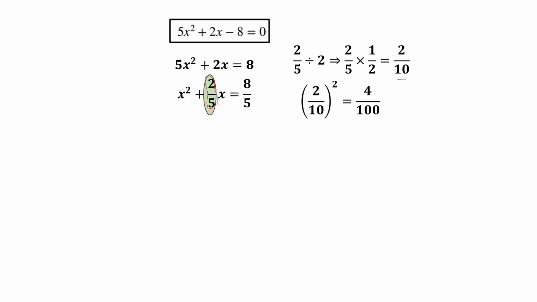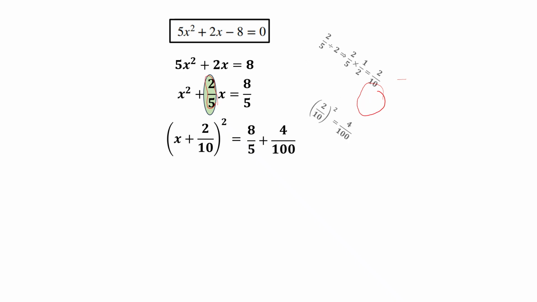That's very good. So we open brackets and then we write x plus the half, which is 2 over 10, all squared. We usually write minus this, right? But I want to move it to the other side and make it plus. So it's going to be 8 over 5 plus 4 over 100, which is very good. 8/5 plus 4/100 is 41 over 25.